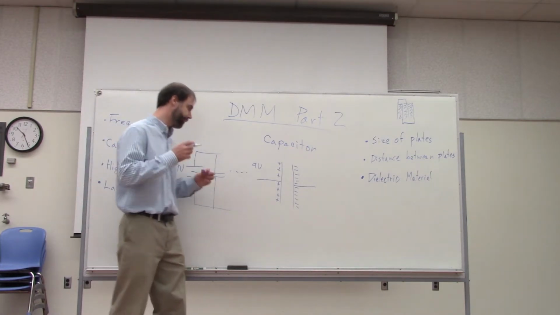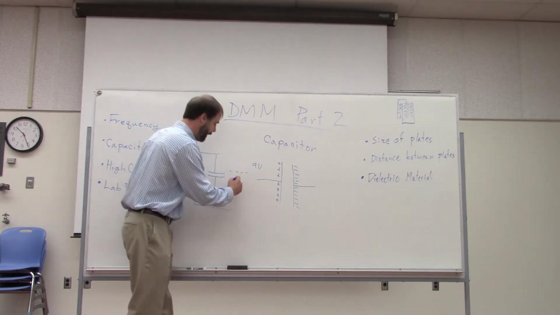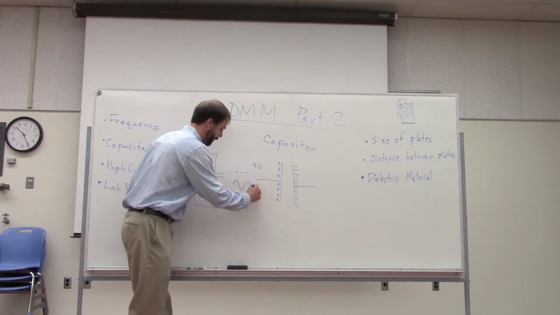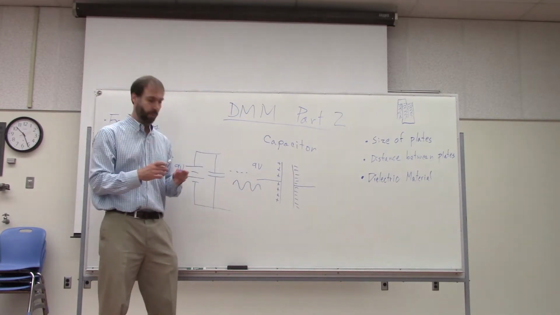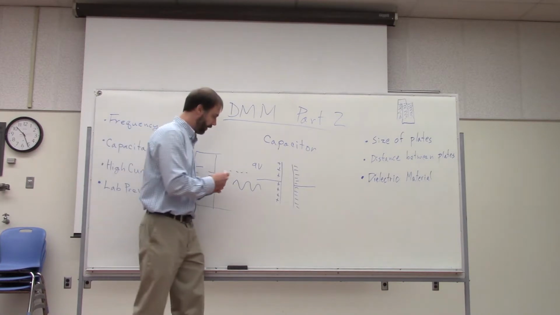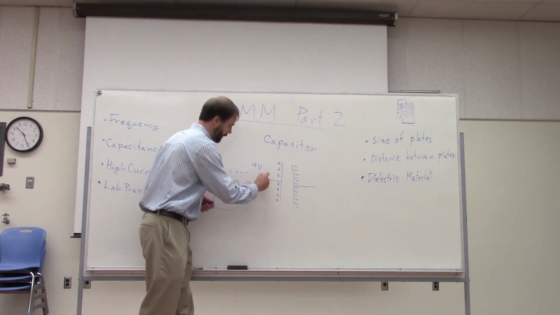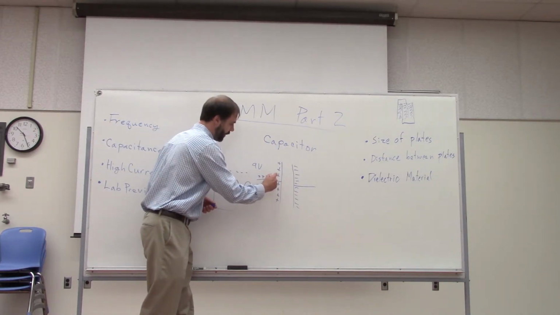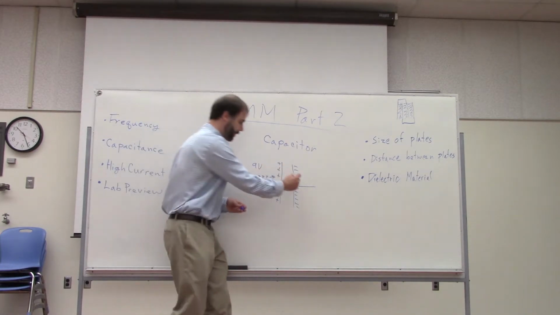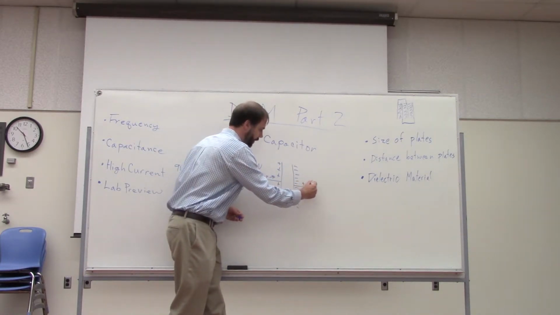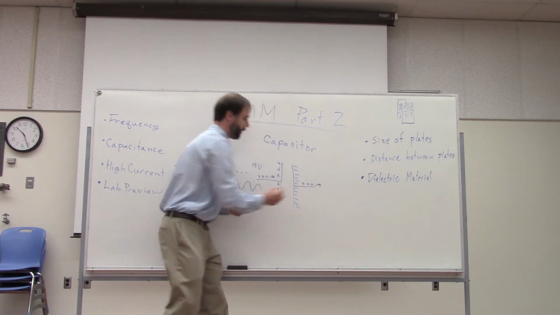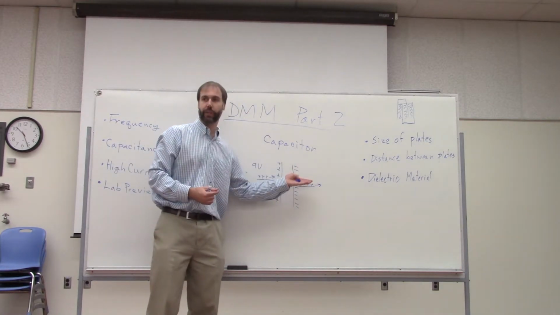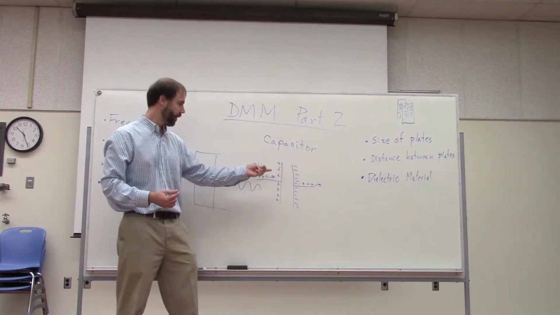If you have an AC voltage that's changing up and down like this, what happens is that initially you're pushing some extra charges onto this side. So that pushes some charges off the other side. So it looks like electricity is flowing through there, right? Okay.